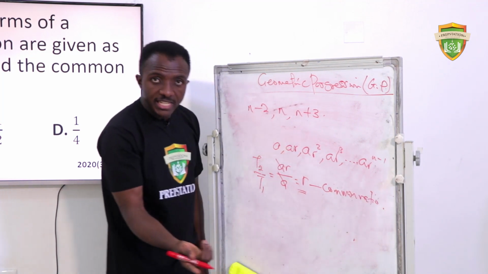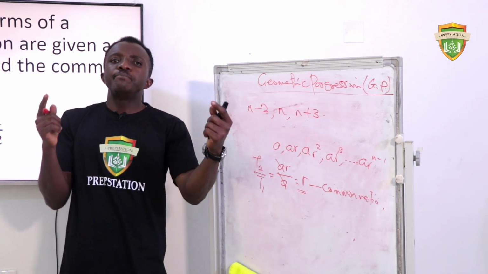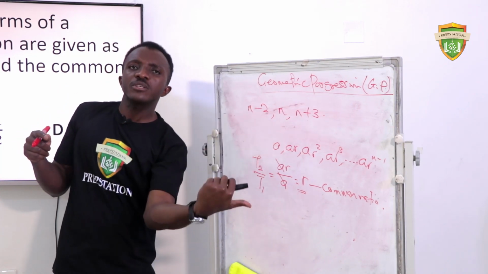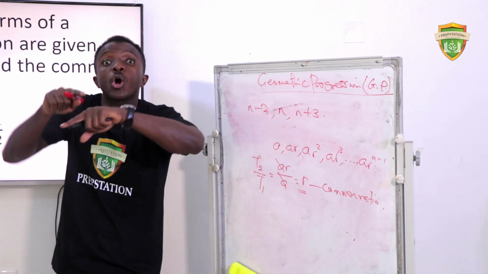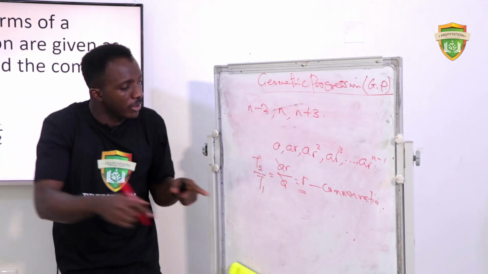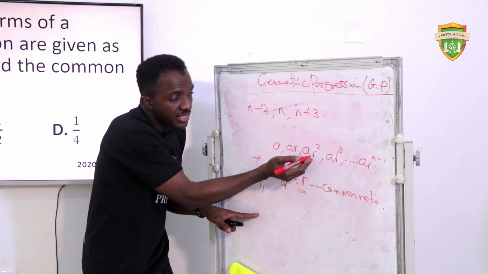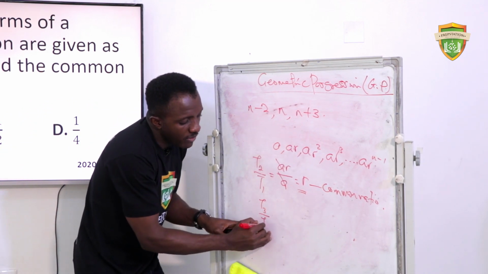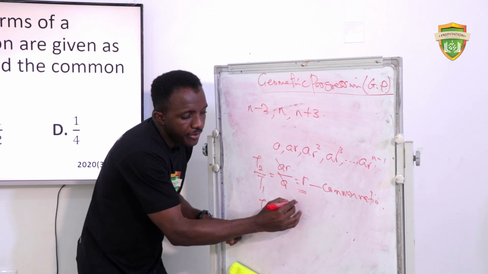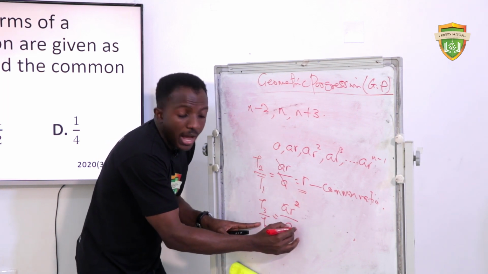Now, interestingly, if you divide a term by its previous term, you will keep getting the same result, and that's why it's called common. The ratio is common. Look at this. The second term, this is the third term. Third term divided by the second term. T3 over T2. What do we have? AR raised by 2 divided by AR.